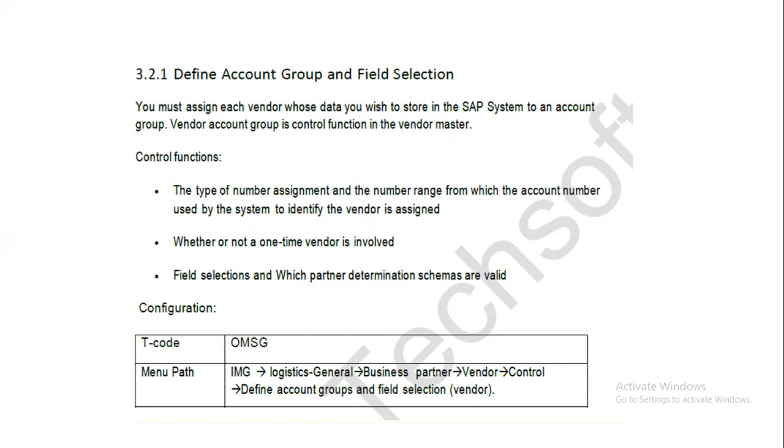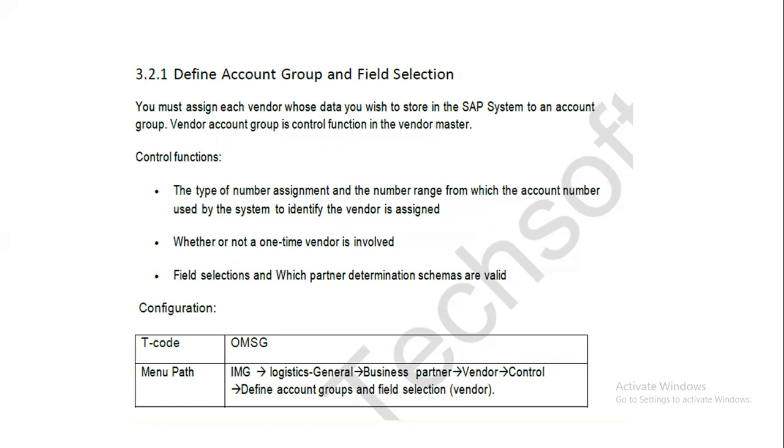By using OBD3, we can easily create the vendor account group. Why is a vendor account group created? Vendors are categorized according to requirements, and vendors having similar characteristics are grouped together and placed in one category. For example, all local vendors can be placed in one category, and all global vendors can be placed in another category.